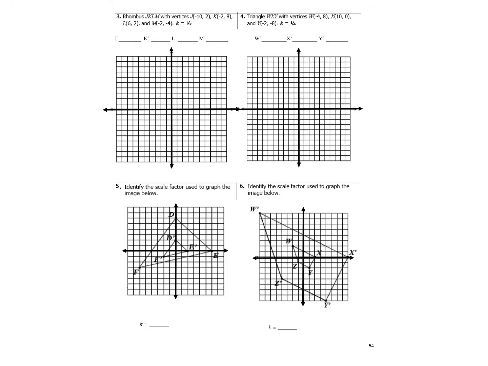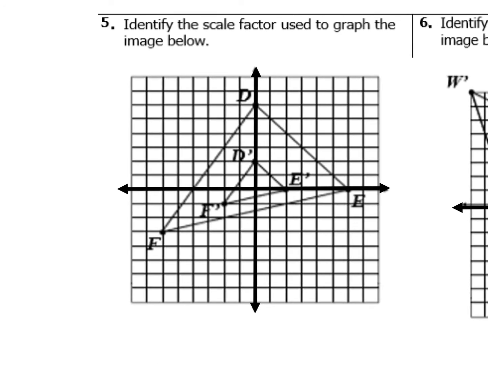Now question 5 is a little bit different because they already graphed the original triangle and the image for us, and they want us to find the scale factor. So, looking here, I have triangle FDE as my large triangle, and then my smaller triangle, the new one, is F prime, D prime, E prime.